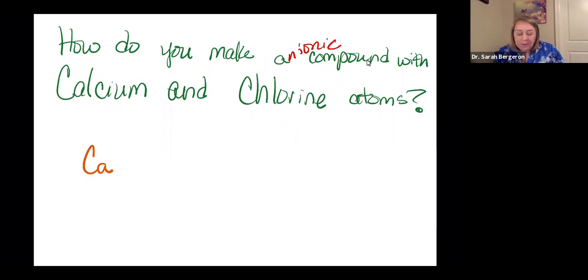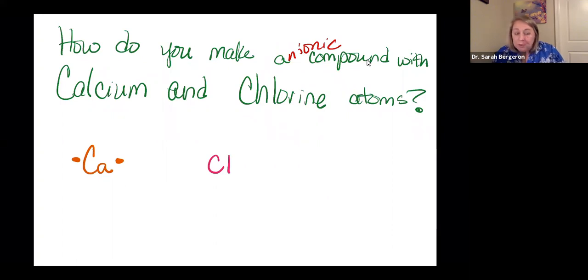How many valence electrons does calcium have? If you looked on the periodic table, you would see that calcium has 2 valence electrons. How about chlorine? Here's chlorine. Go on the periodic table.